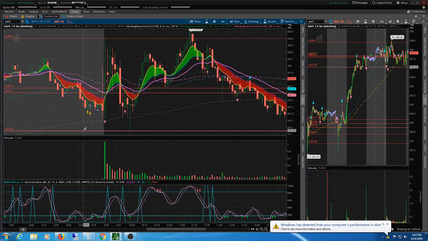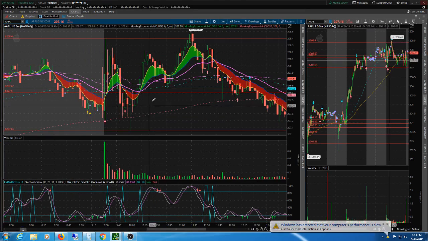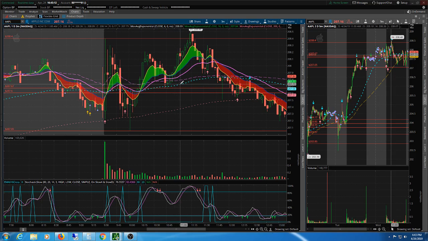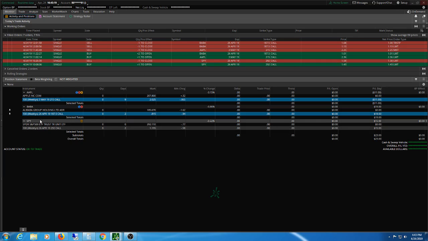Move this over so we have more room here. 11:02 would have been right about here, right about the open of this candle. The problem was it went up, but I bought next week's expiration, so it didn't move the way that I wanted it to.